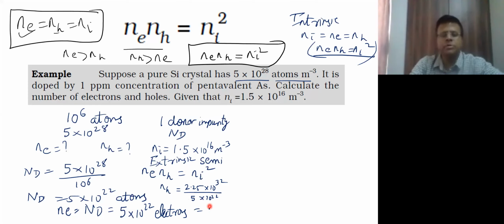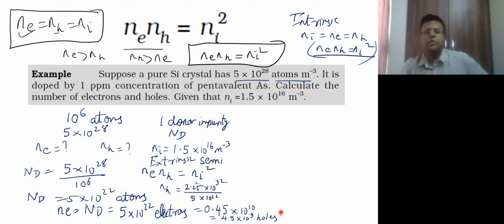Okay, so we can calculate this. Or I can say 4.5 into 10 raised to 9 holes.